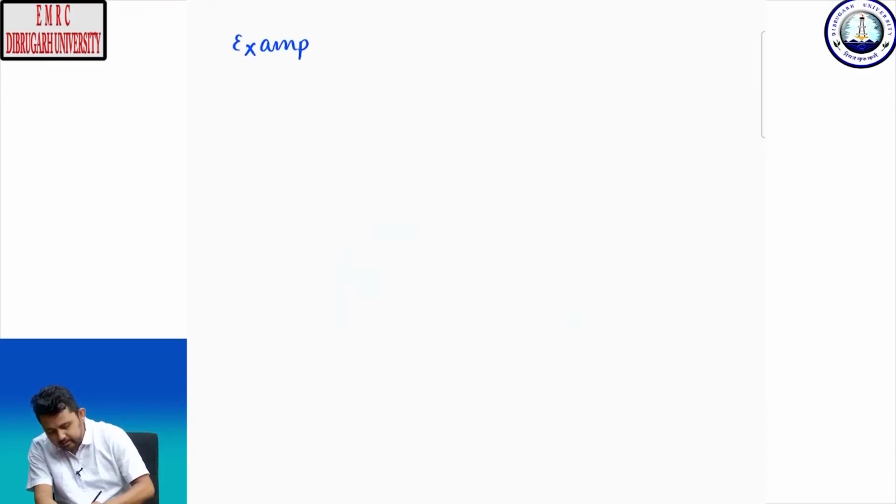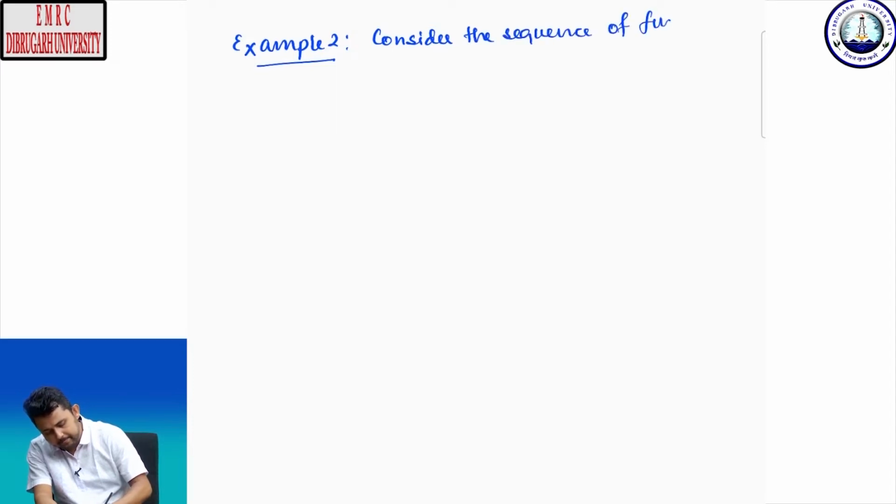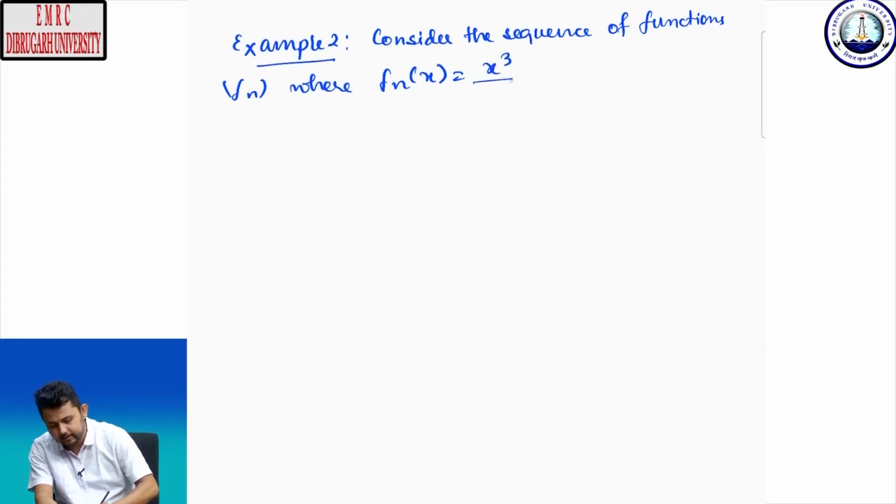So, here we consider the sequence of functions, f_n, where we define f_n(x) as each term of the sequence as x cube by n square for each x in R.